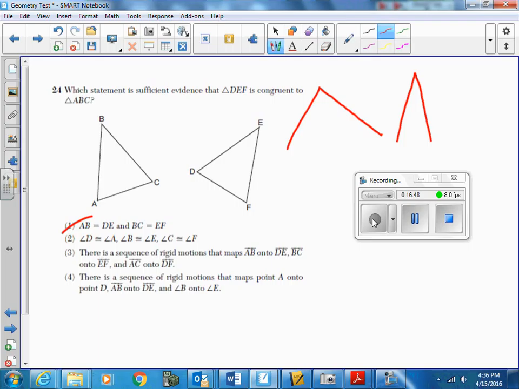Okay, what about angle D is congruent to angle A, and angle B is congruent to angle E, and angle C is congruent to angle F? Well, if you remember, one of the things we talked about that does not prove two triangles congruent is angle, angle, angle. Angle, angle, angle does not prove triangles congruent.